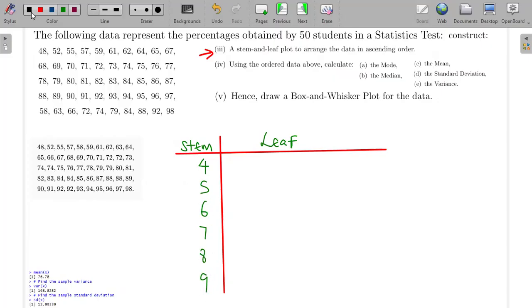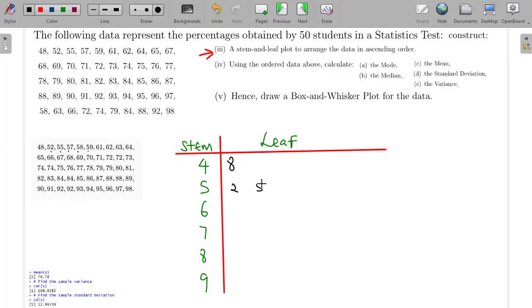Okay, so now for the 4, how many 40-something numbers do I have? I only have one, that is 48. So I'll write 8. Then for the 50-somethings, I have 1, 2, 3, 4, 5. So there's 52. I'm following this ordered data now.